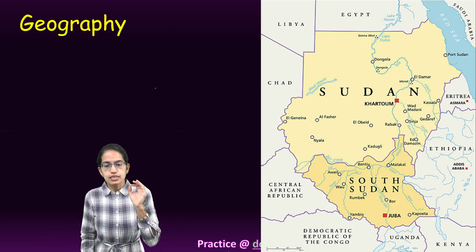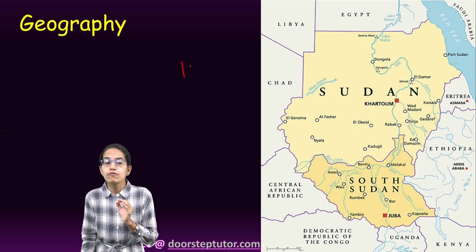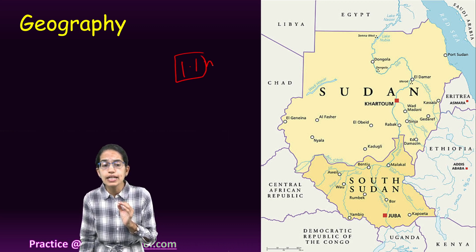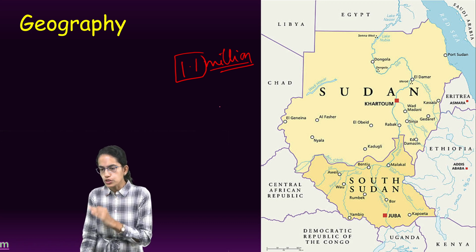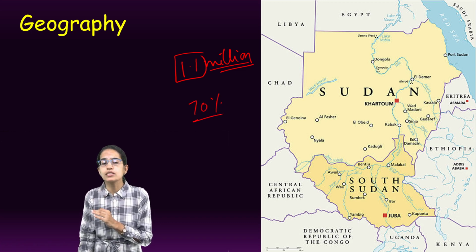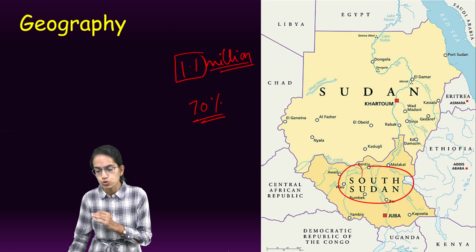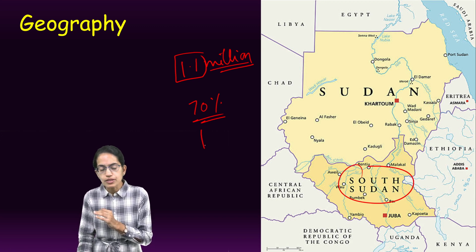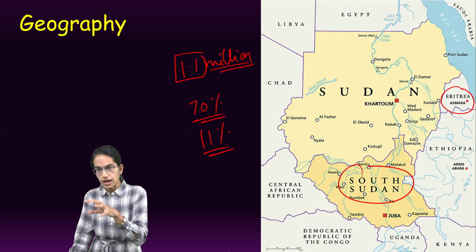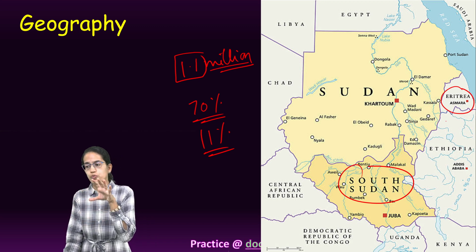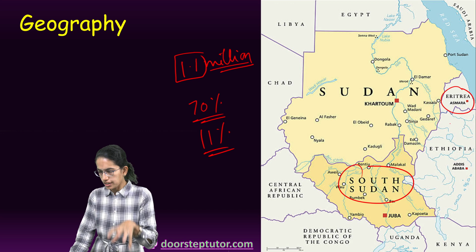Now, this region hosts nearly 1.1 million refugees, which is a huge figure. Out of the total refugees, 70% are from the South Sudan region and 11% are from the region of Eritrea, Asmara. So, those are the areas where you have the highest number of refugees.